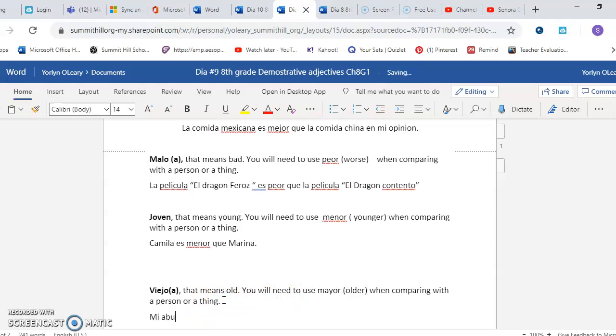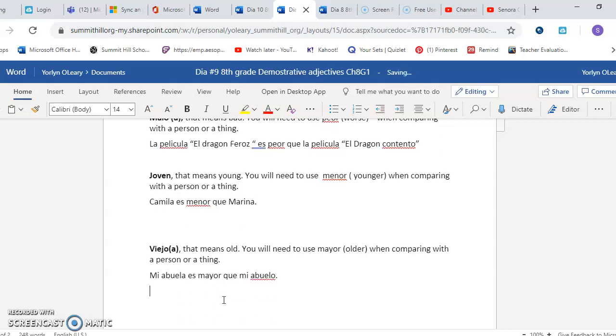Mi abuela es mayor que mi abuelo. My grandmother is older than my grandpa. Mi abuela es mayor que mi tío Juan. My grandma is older than my Uncle Juan.